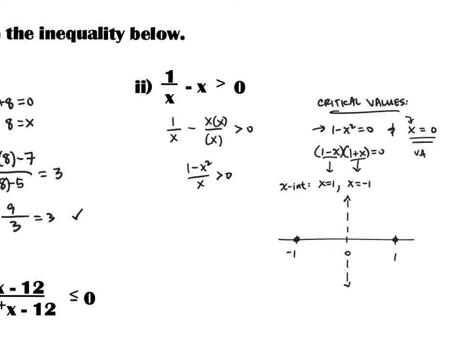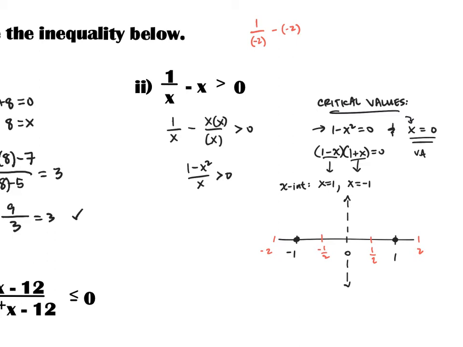So I'm going to test around each of these values. I'm going to test values like 2 and a half, negative a half, and negative 2. When I test those values in the original function, for example, let's test negative 2. So 1 over negative 2 minus a negative 2.